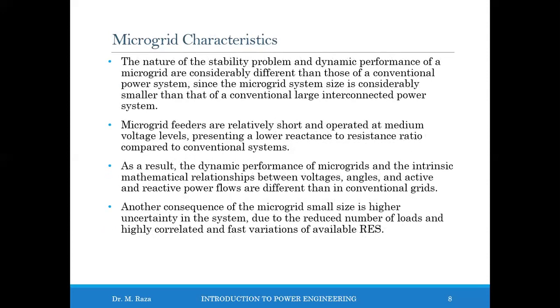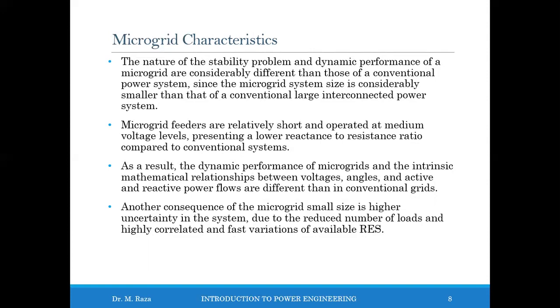The nature of the stability problem and dynamics performance of a microgrid are considerably different than those of a conventional power system, since the microgrid system size is considerably smaller than that of a conventional large interconnected power system.